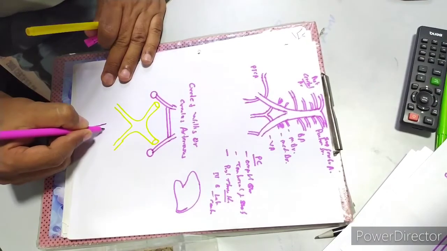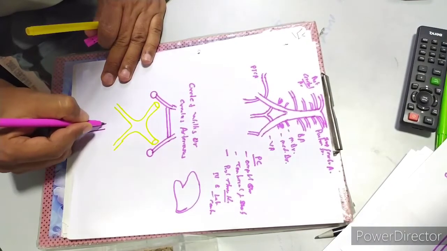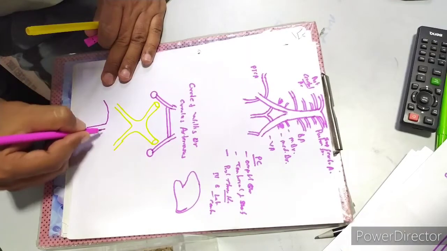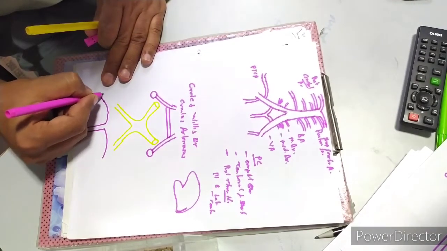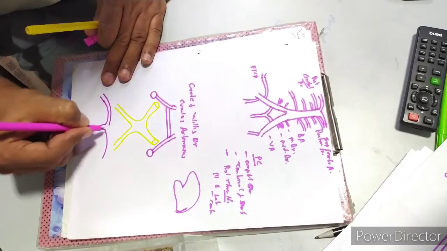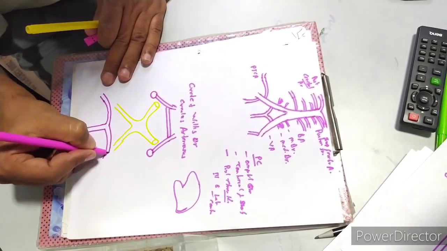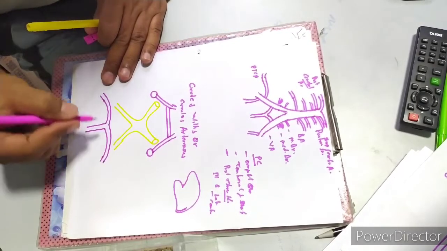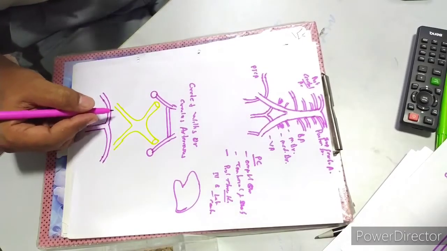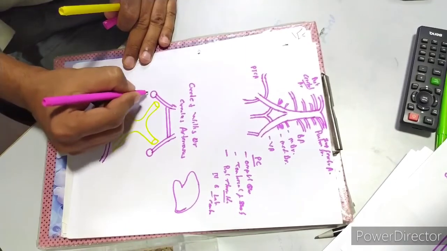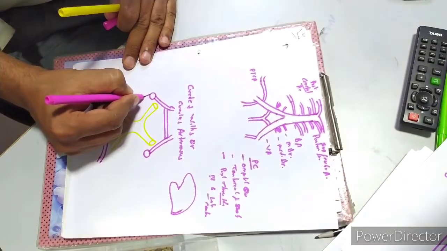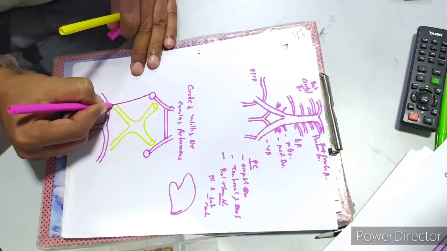Now here is the basilar artery. The basilar artery gives rise to the posterior cerebral artery, which we have discussed. Now this posterior cerebral artery and the internal carotid artery are communicated by the posterior communicating branch.